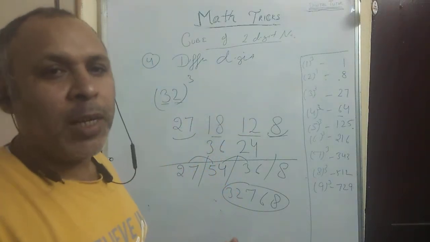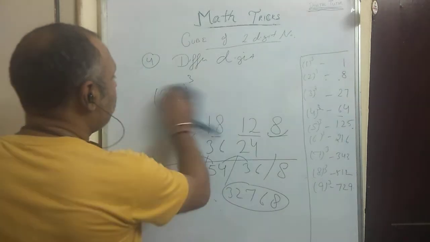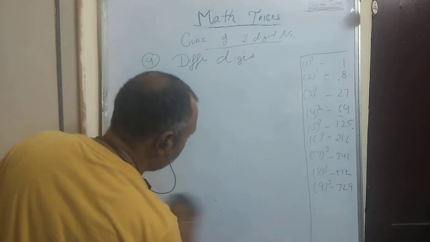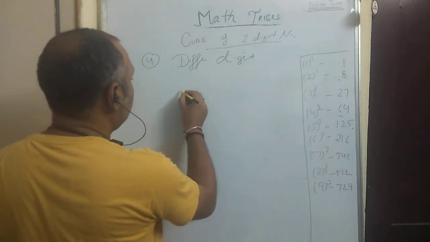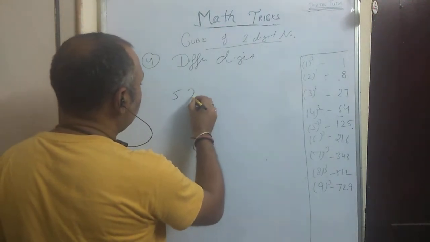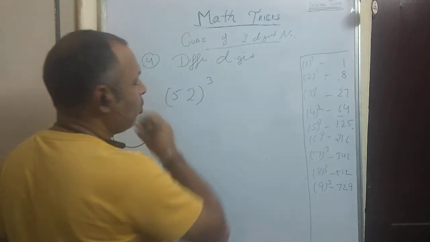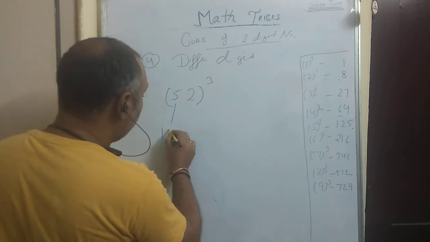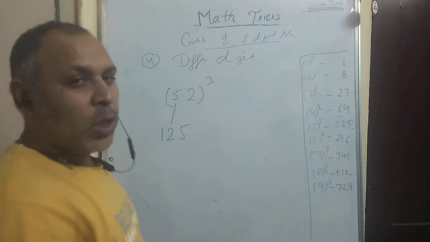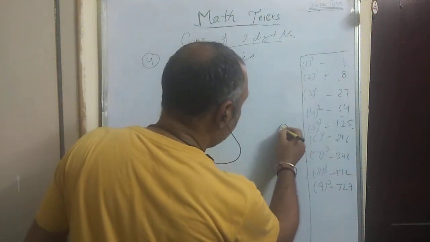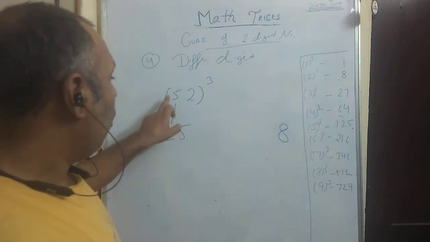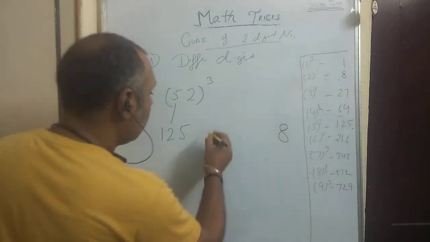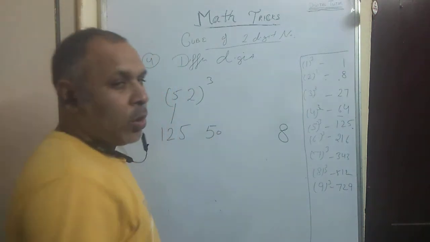Very, very, very simple. Take one more example, 52. First, 5 cubed, that is 125. 2 cubed is 8, the last one. 5 squared is 25, 25 times 2 is 50. Clear friend?